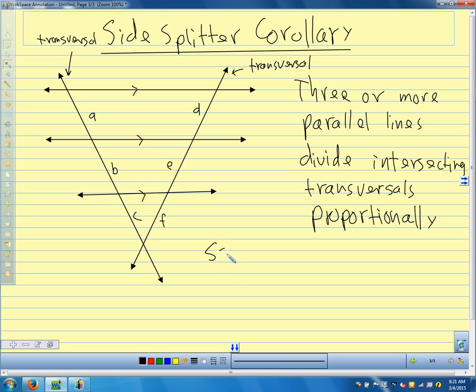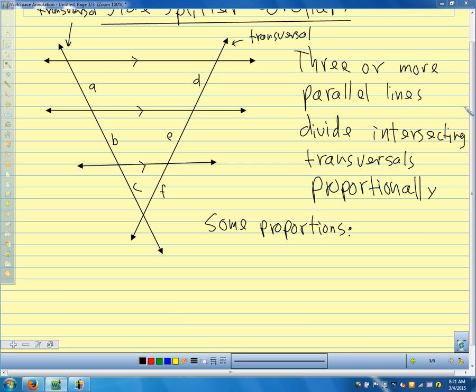So again, some of our proportions. I'm just going to match up corresponding sides. So A over D. I'm matching this to this. What could be another ratio that I could match with A over D? What do we think? B over E. Yes.